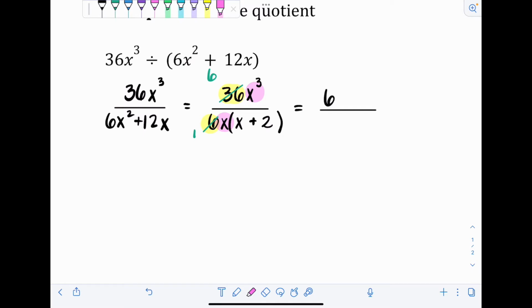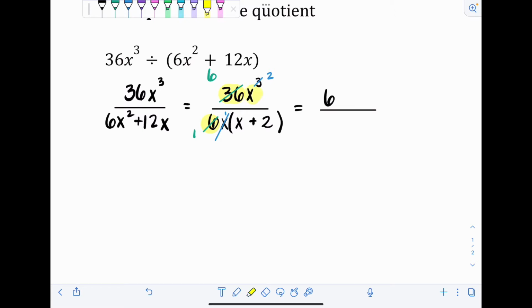They're both x's. It's just that one is being raised to a higher power, but it's the same base. So if I have an x to the first power in the denominator and an x to the third power in the numerator, that x to the first power cancels out one of the three, so I would have two left. So this one cancels out, and this one goes down by 1 power, so it would go down to x squared, because this was an x to the first power.